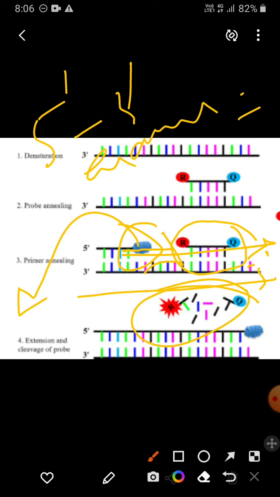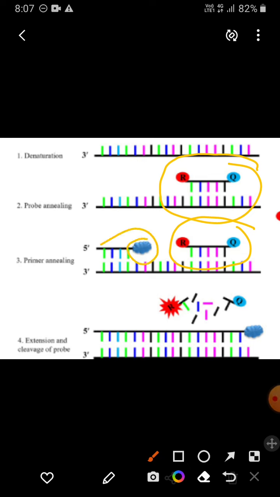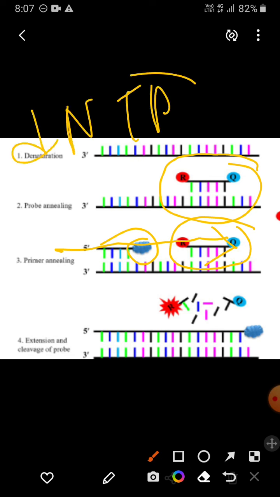So again I am repeating this step. The probe is annealed successfully with our gene of interest. Now Taq polymerase is involved in extension of the second complementary strand with the help of the dNTPs that we have provided.